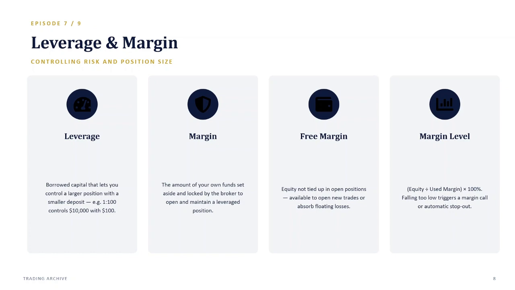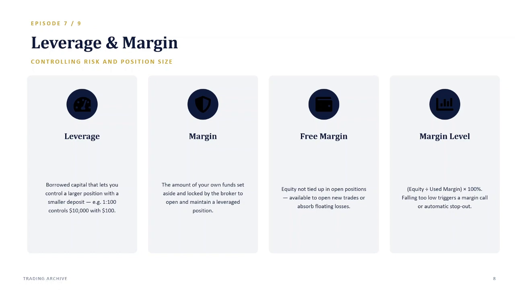Leverage is given in ratios. So I have a 1 to 100. What a 1 to 100 means is that every dollar is equivalent to $100. For example, here, $1 is equivalent to $100, so $100 is equal to 10K.